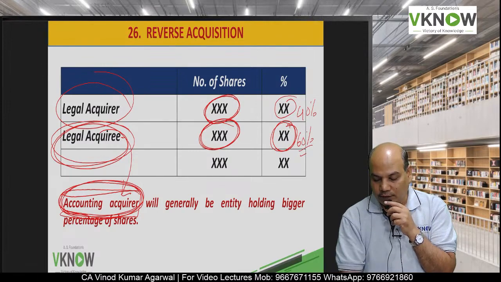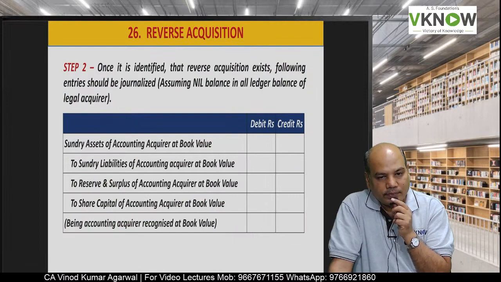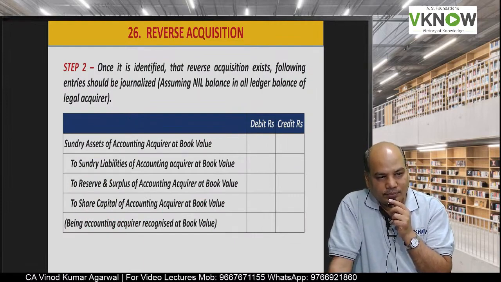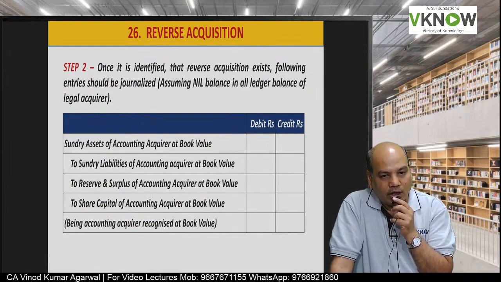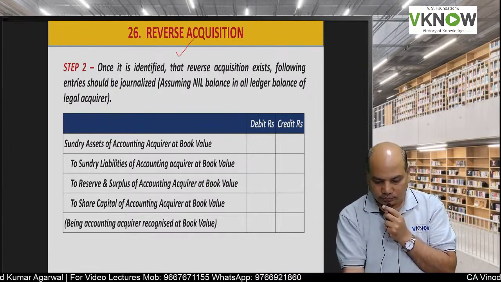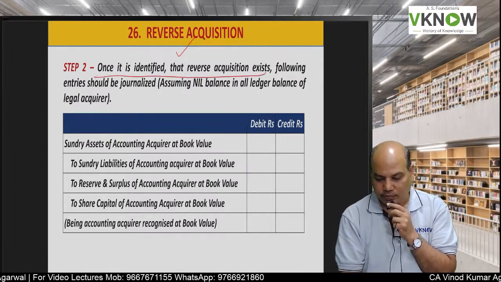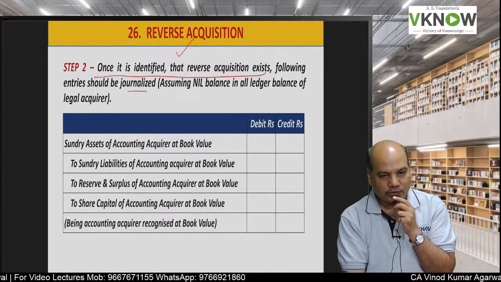So you have to think very differently. The one who holds the larger proportion of shares will be treated as the accounting acquirer. So how to do the accounting? Once you are sure that it is a case of reverse acquisition, then pass the following entries.